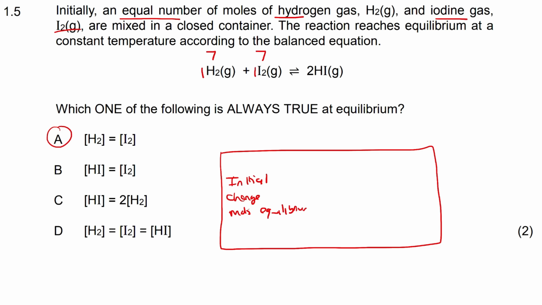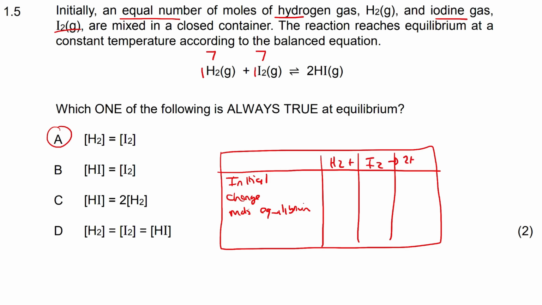Okay, I'm not going to go further to the concentration at equilibrium because that's not relevant for this quick little explanation. Then we're going to put our reaction, H2 plus I2 gives you 2HI. So let's say, for example, we started off with 7 and 7 and 0.